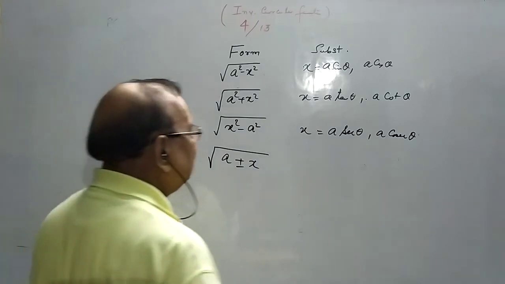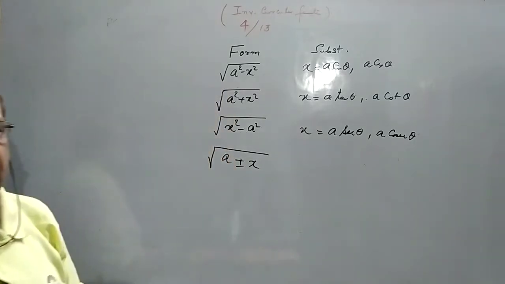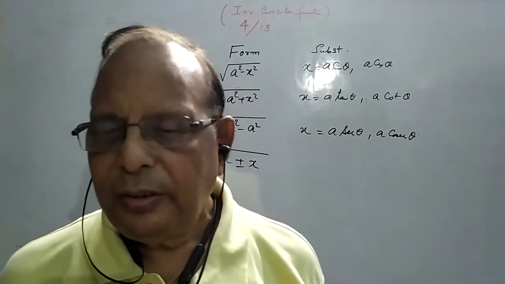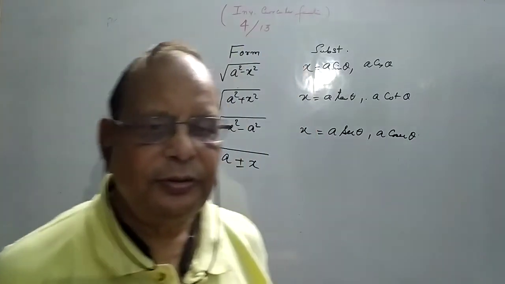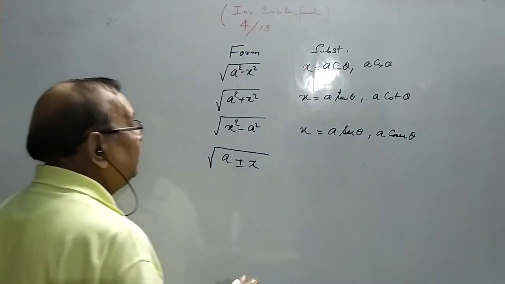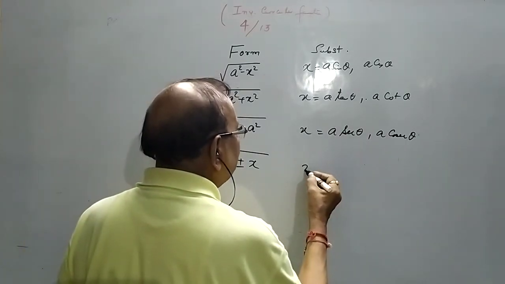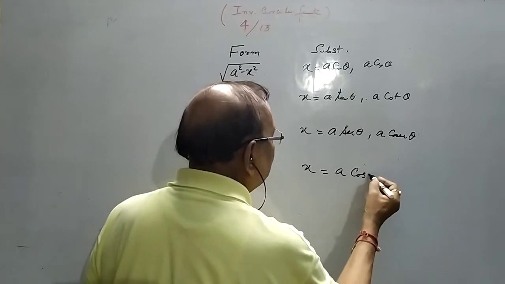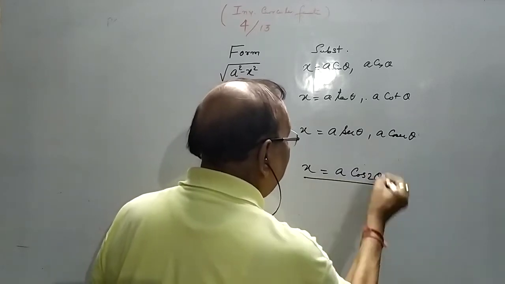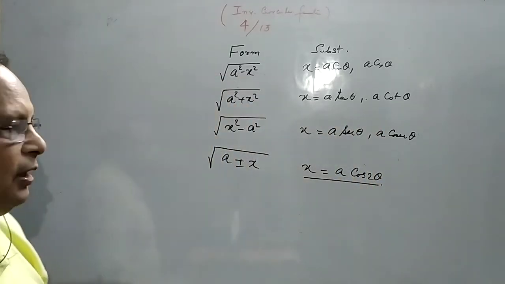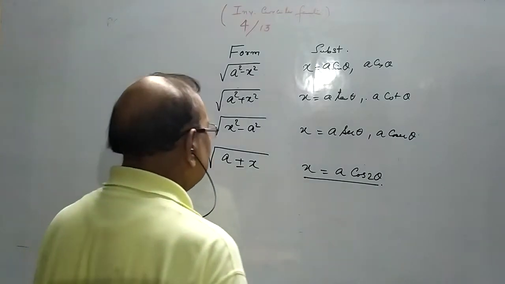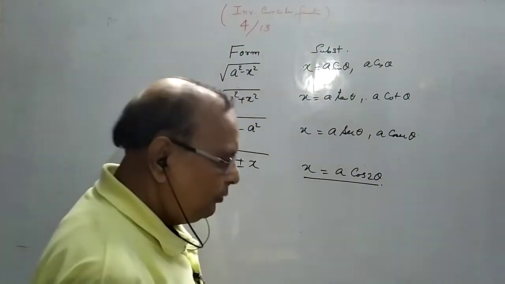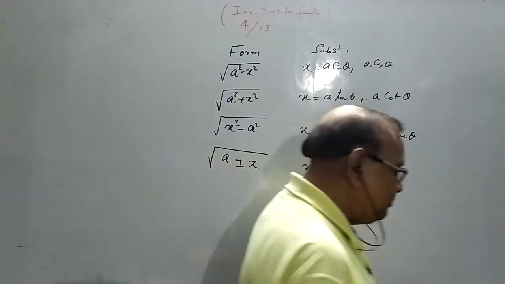In both the cases, that means the expression contains a plus x as well as a minus x, in irrational form, we may substitute x is equal to a cos 2 theta only. Remember, only x is equal to a cos 2 theta. I have to consider some examples on these bases.